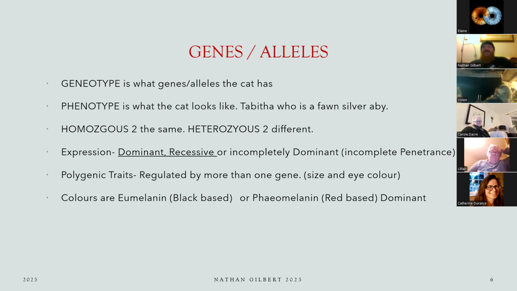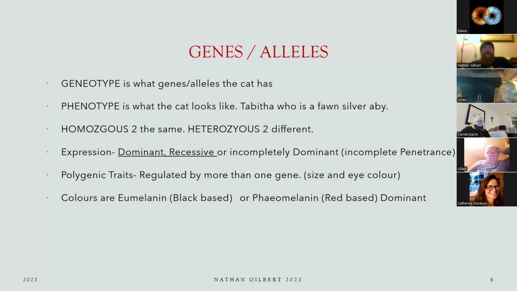There is also an incomplete dominant, and we do have 1 or 2 examples of that later on as we get into the colors. But it's not common, it's not the norm. For the vast majority of time, a gene will be dominant and or recessive, and it'll be that straightforward. There won't be, but what if?